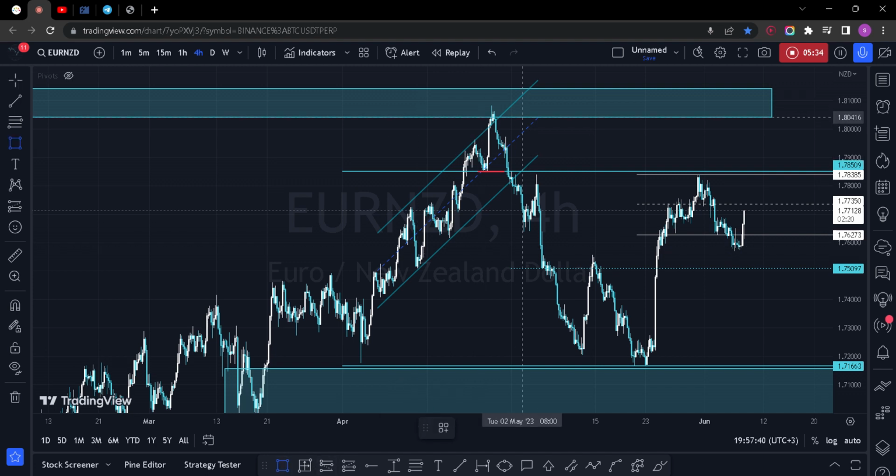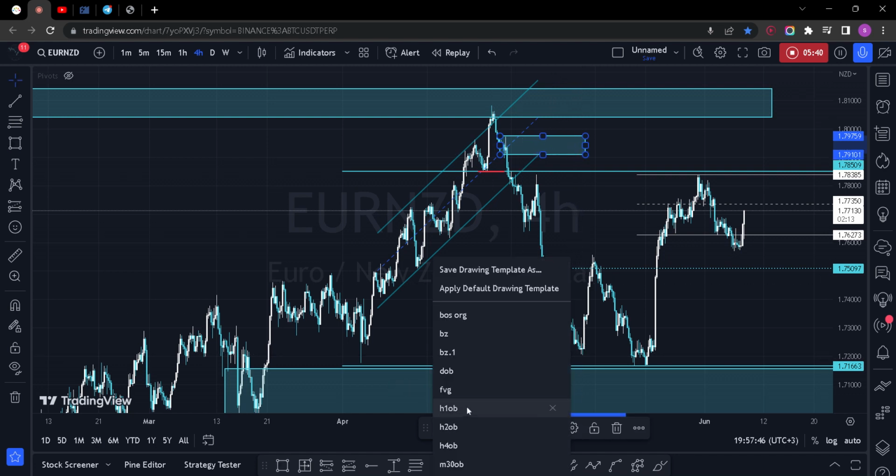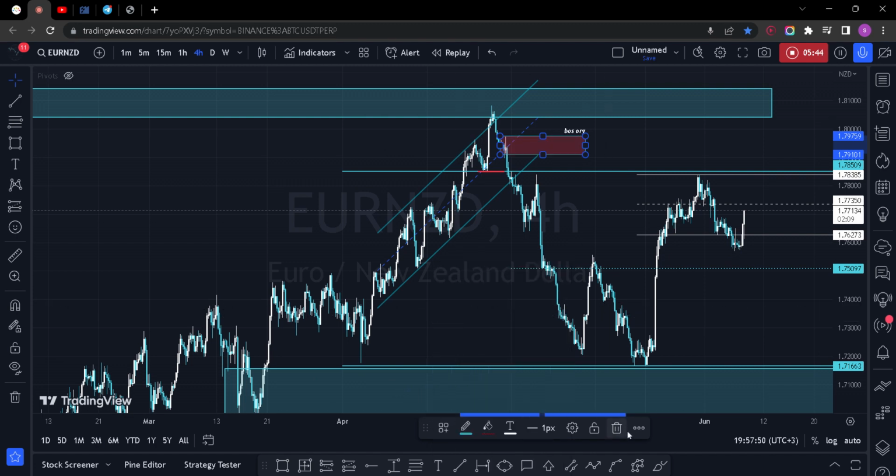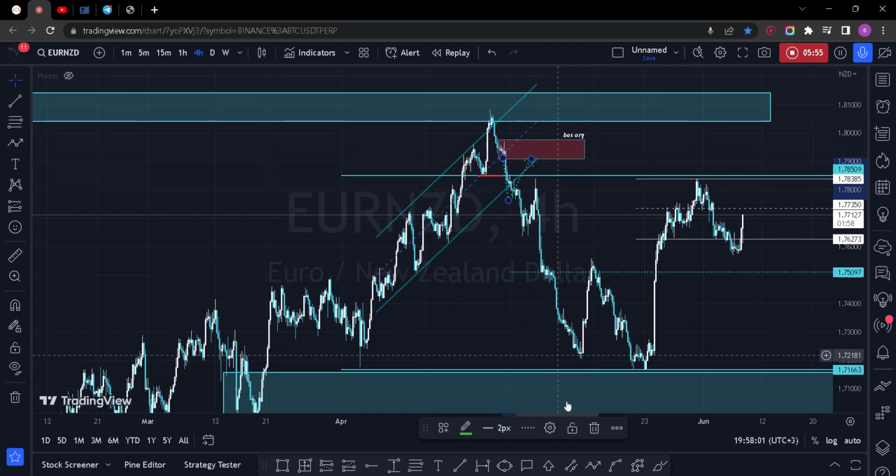Then the next thing I'd like to see is price coming back to this level before progressing lower. So I like to see such price action, a break of structure, then revisit of the origin, and then we proceed lower. So a break of structure, origin, then lower.